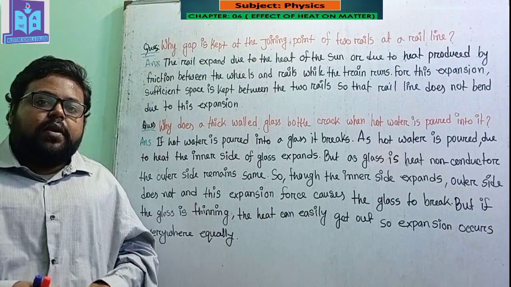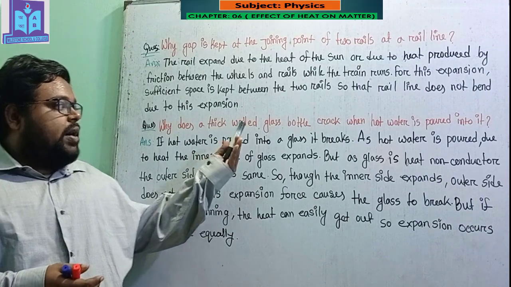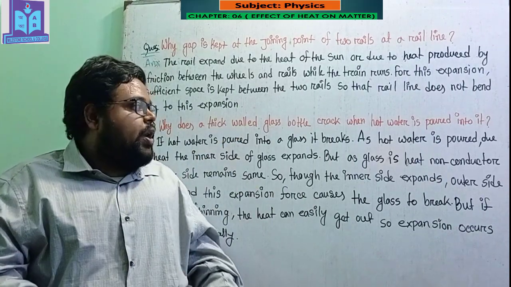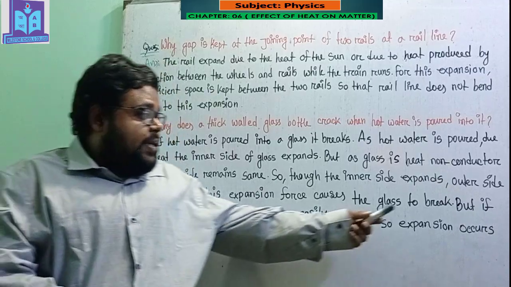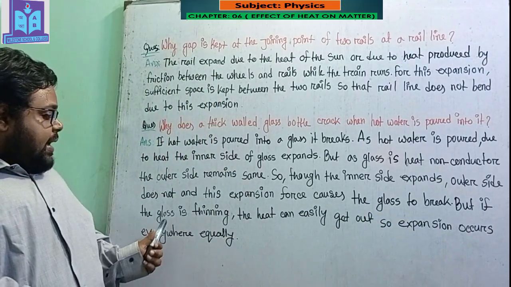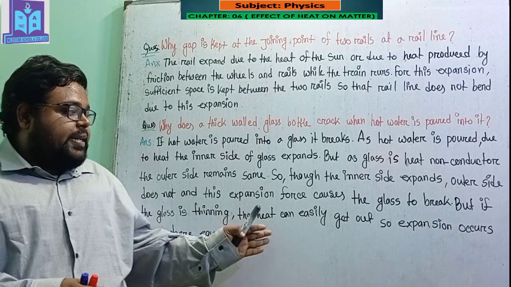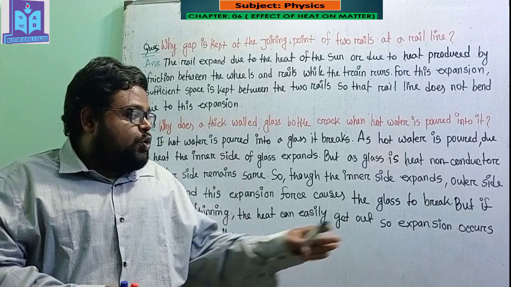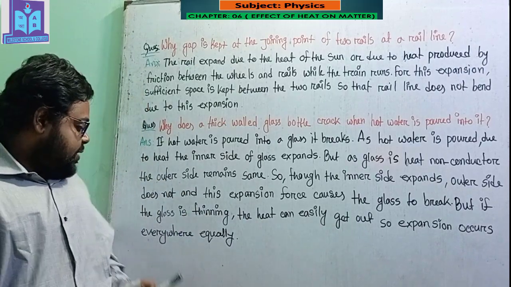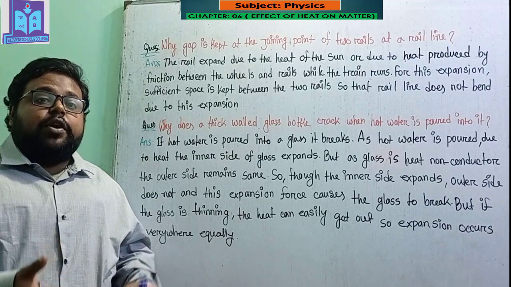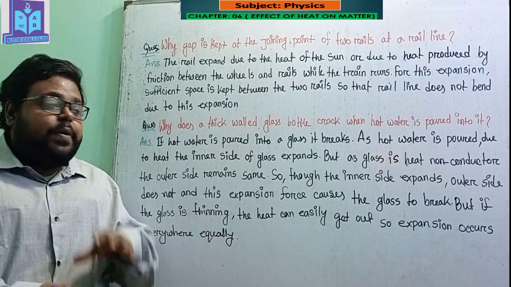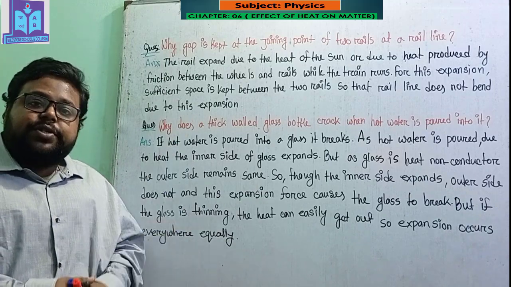That's why a thick walled glass bottle cracks when hot water is poured into it. But if the glass is thin, the heat can easily get out, so expansion occurs everywhere easily, and that time the glass will not break. I hope you understand these two questions.